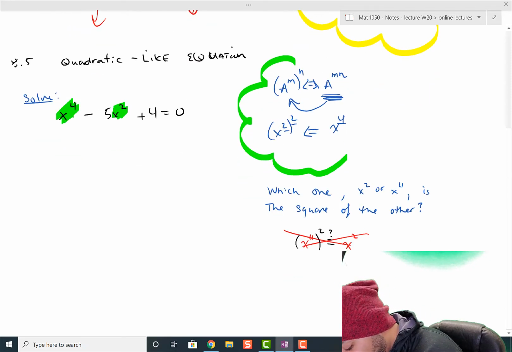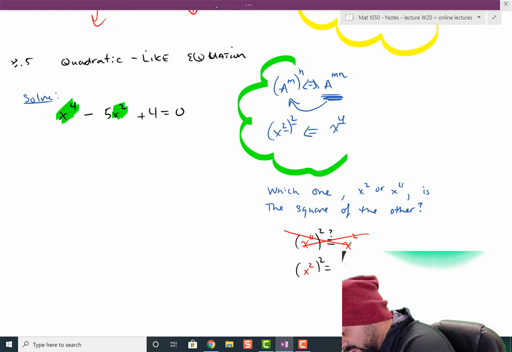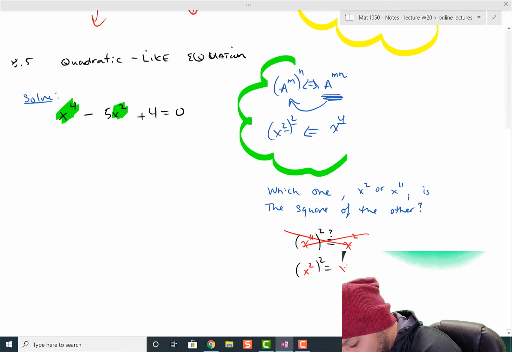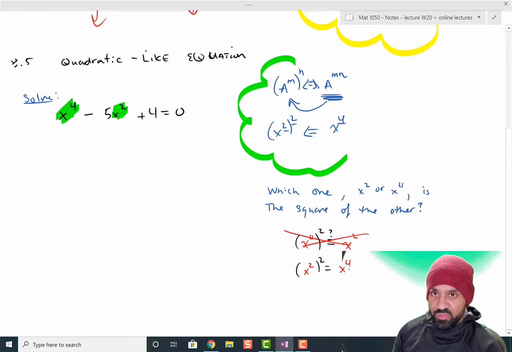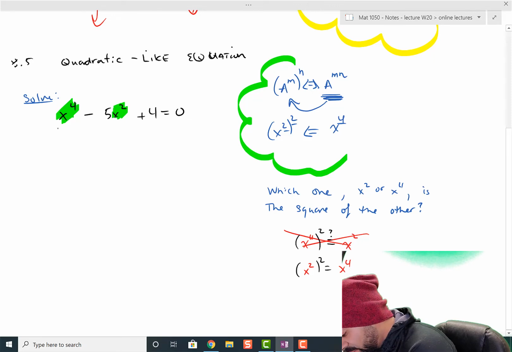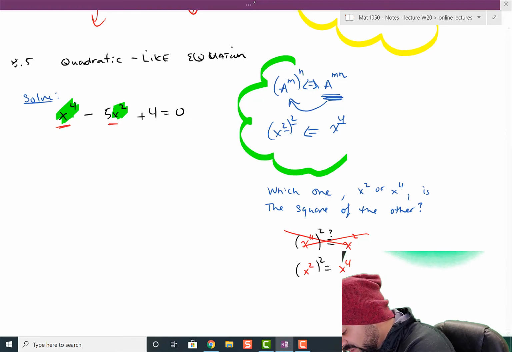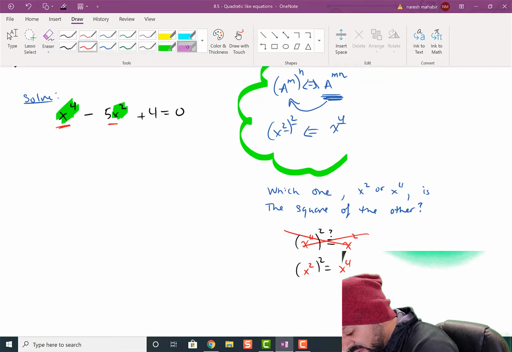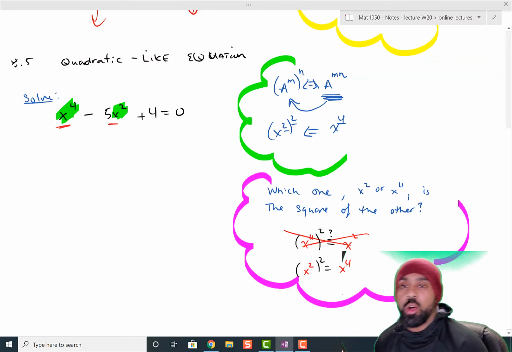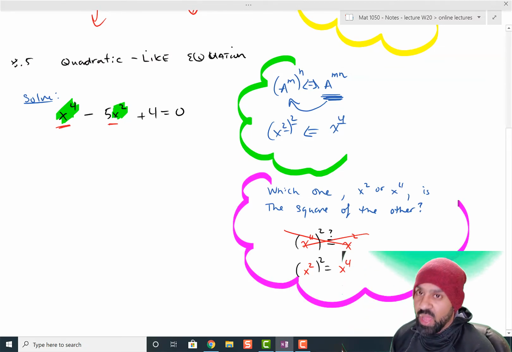If you square x squared, does that give you x to the fourth, which is the other one? Absolutely. So if that happens, then what you're telling yourself is that these two guys have a relationship, him and him. So all of this work, this question that I told you to ask yourself, it's a very important question, but it all should be done in your head, okay? So you're asking yourself this.